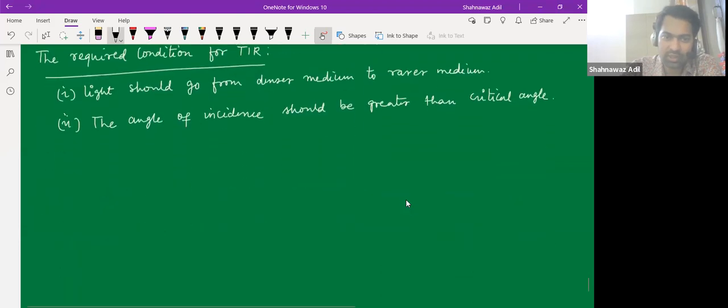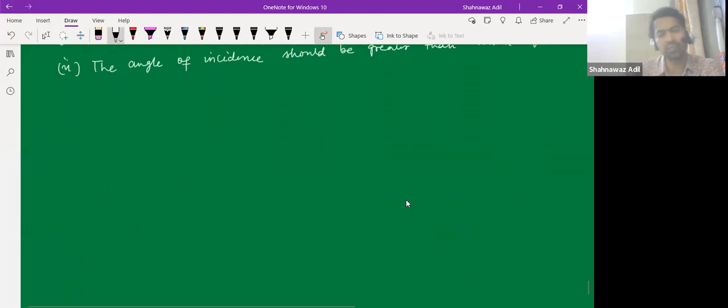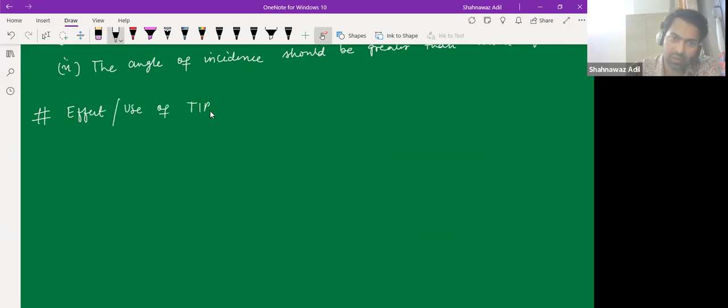Now, let us understand where we see the TIR effect and where we use this TIR. So, the effect or use of TIR. First, in diamonds, right?